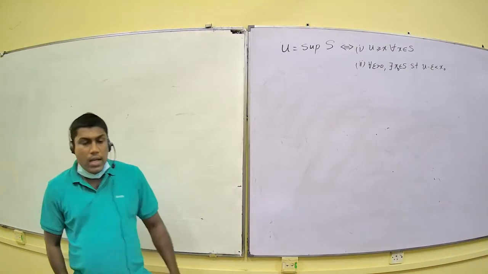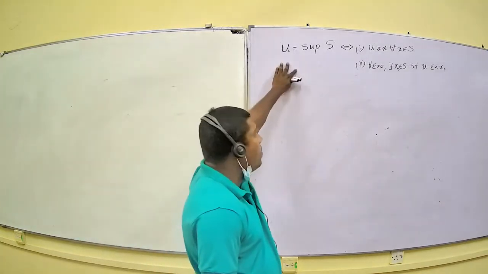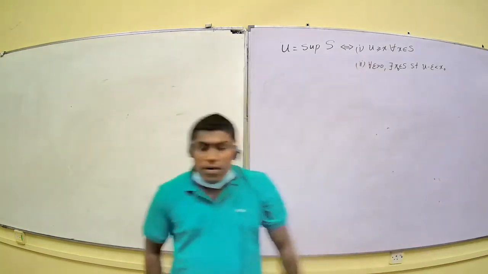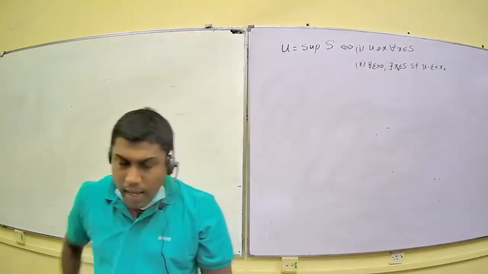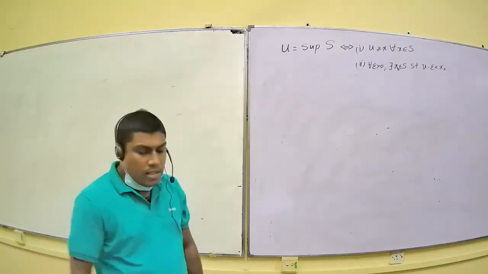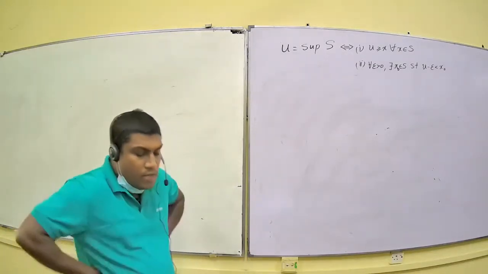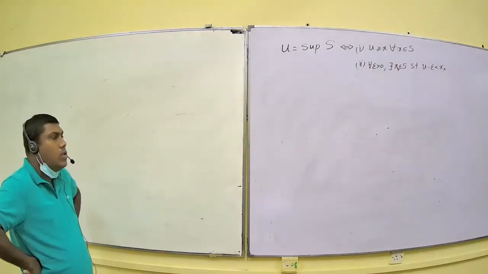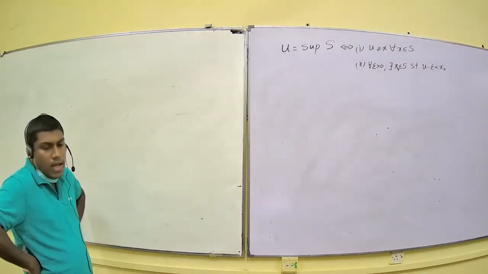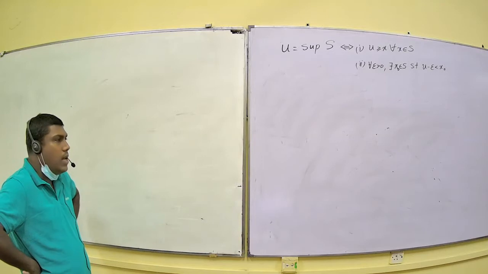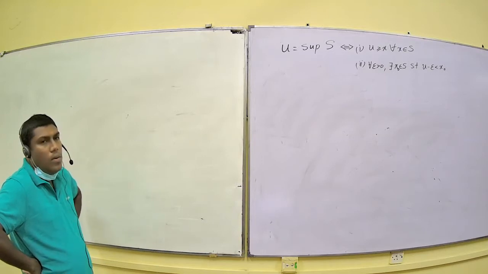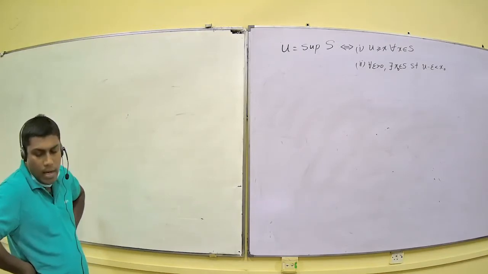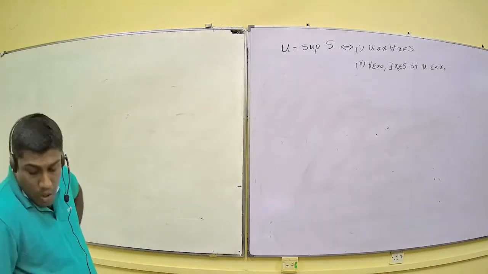We say that U is a supremum if and only if U is greater or equal to x for all x in S, as well as it satisfies the other condition, that is, for all epsilon positive, there exists an x naught belonging to S such that U minus epsilon is less than x naught. That is what we wrote last time.